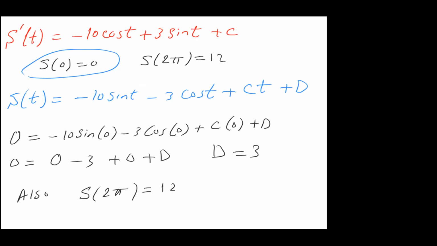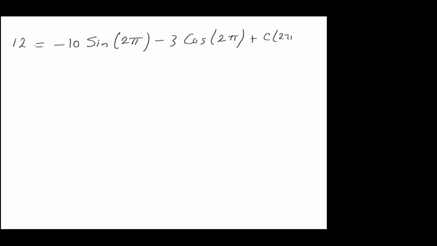equals 12. Let me go to the next page. So 12 equals minus 10 times sine of 2 pi minus 3 times cosine of 2 pi plus c times 2 pi plus 3.